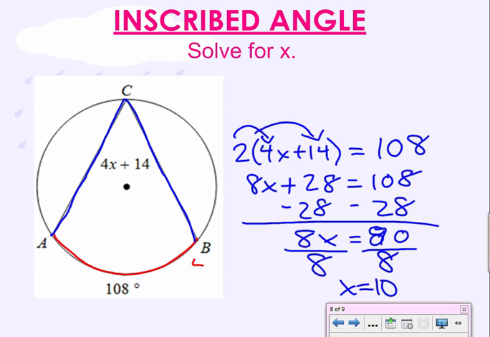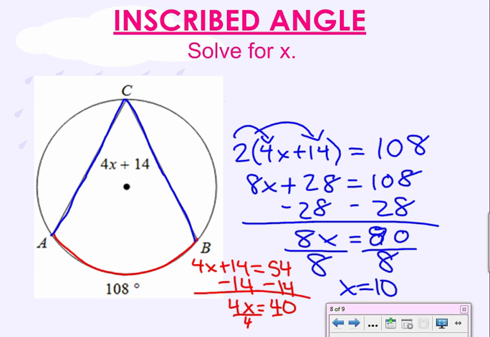So I would have had 4x plus 14 equaling 54. Then I would have subtracted 14. Would have gotten 4x equals 40 and divided by 4. So our x equaled 10. Both options are perfectly wonderful. They give us the same answer, they're just different ways of thinking.